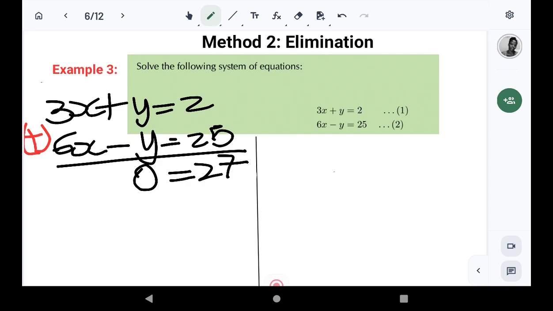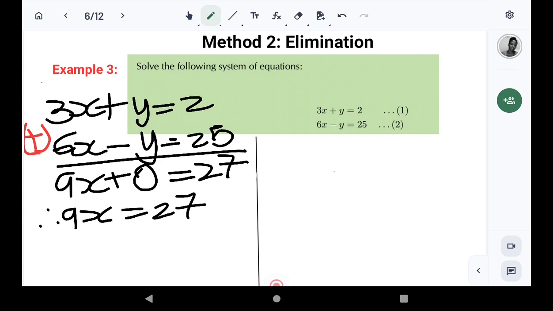And then 3x plus 6x is 9x. 3 goats plus 6 goats is 9 goats, that is 9x. So 9x plus 0 equals 27, therefore 9x equals 27. Now you divide both sides by 9.